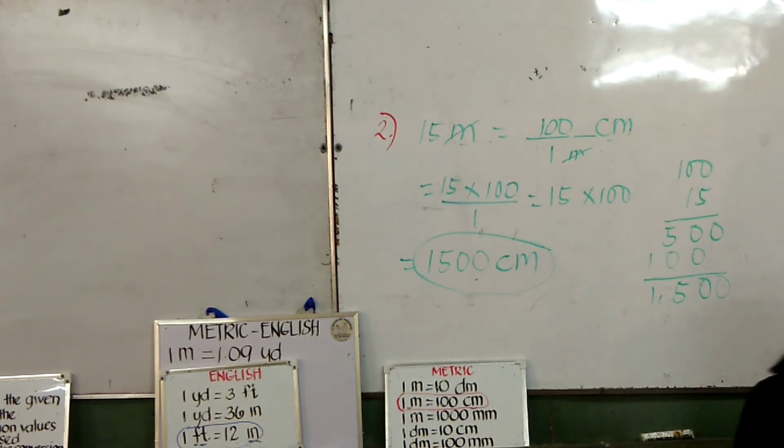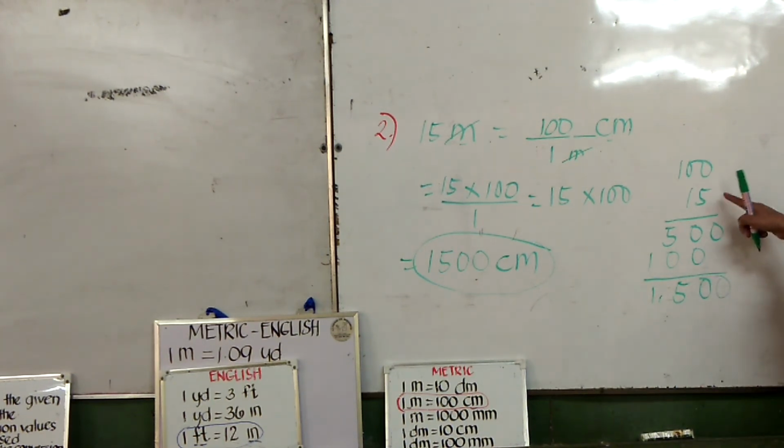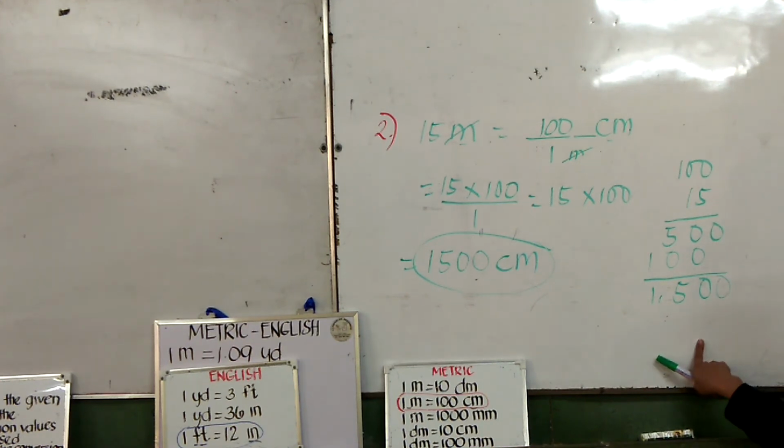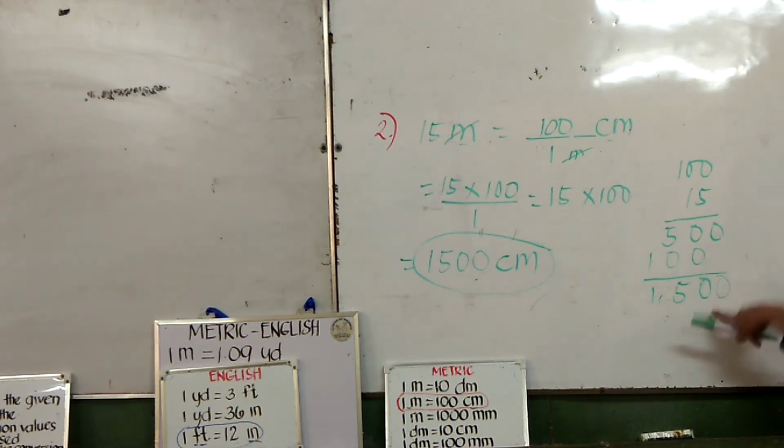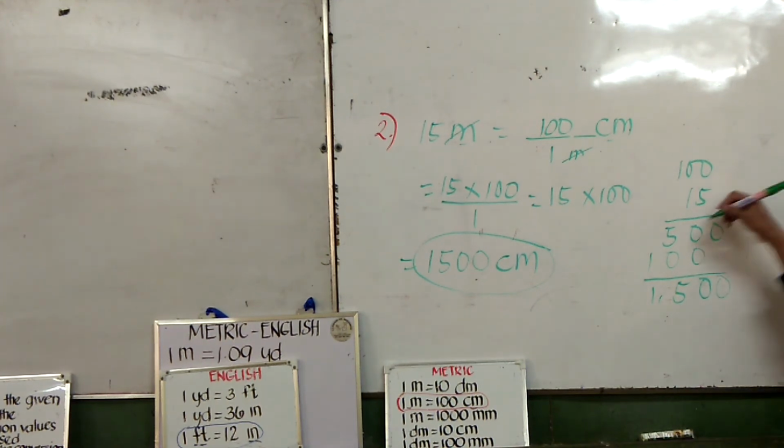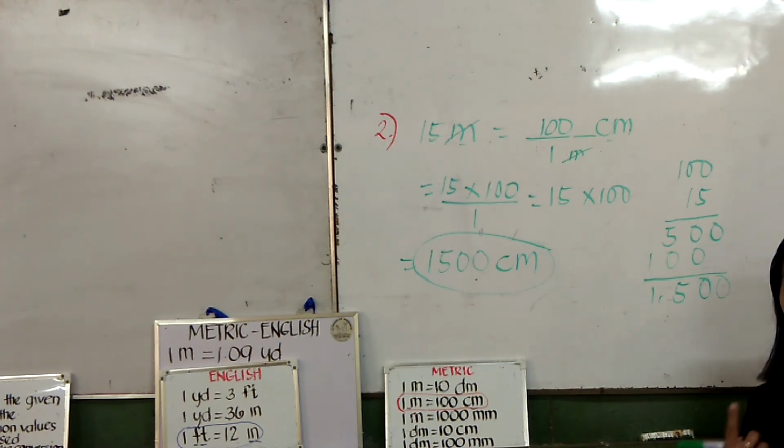Okay, I will give you some hints how to multiply numbers with zeros so that you will lessen your time in multiplying. Okay, so this is the long cut or the long way of multiplication. Let's try the shortcut. Okay, so in multiplying zeros, you may multiply only the numbers.